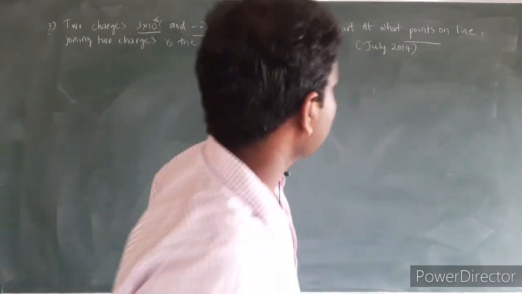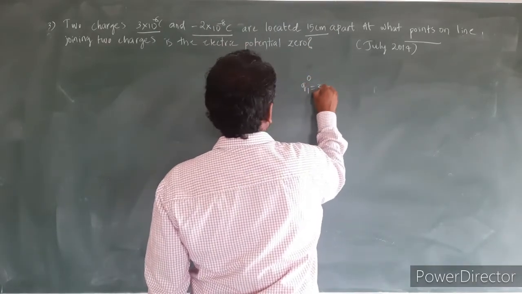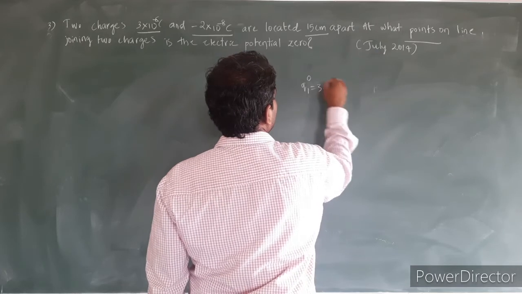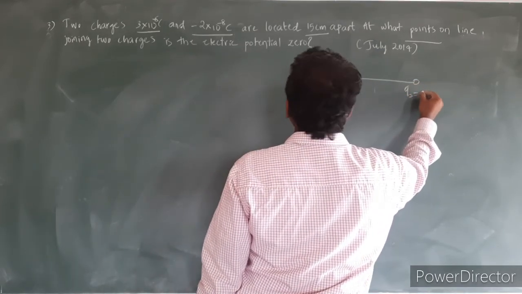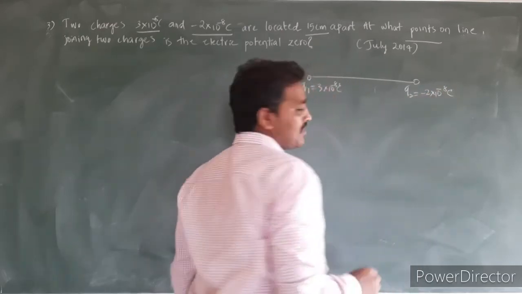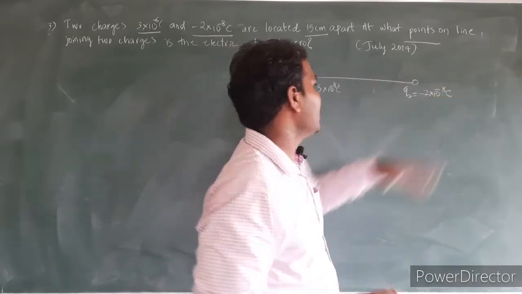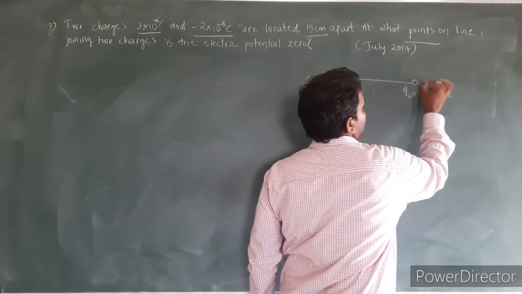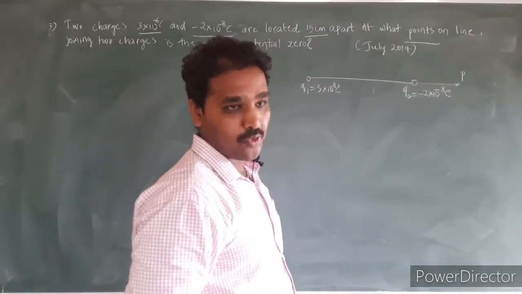So let us consider both the charges. So this is Q1 equal to 3 into 10 to the power of minus 8 coulomb, and the second charge Q2 is equal to minus 2 into 10 to the power of minus 8 coulomb. Let us assume the point at which the potential is 0 is on the right side here. So let us assume this is the position of the point of 0 potential.